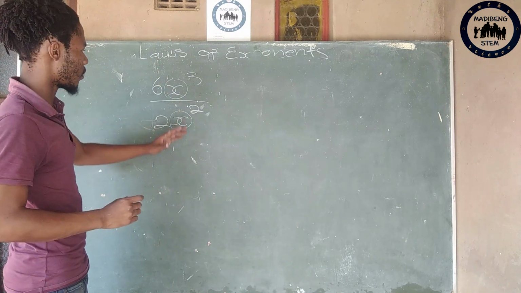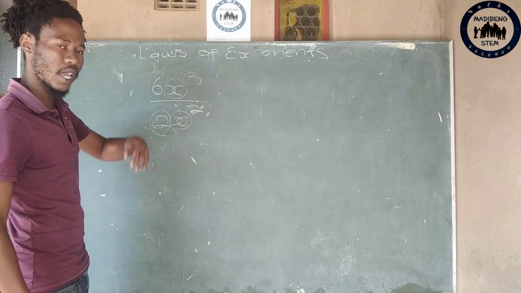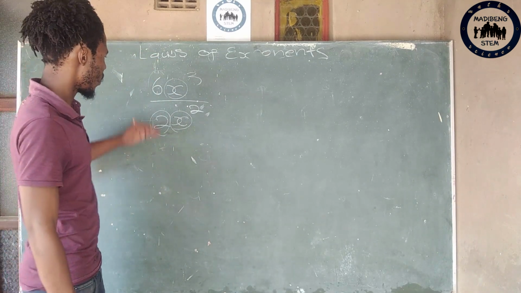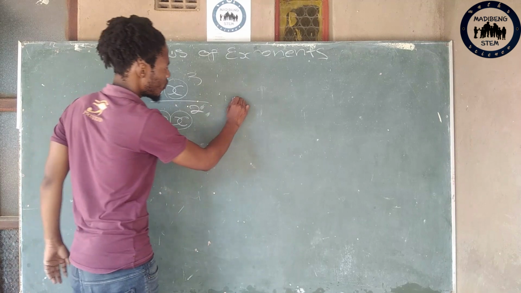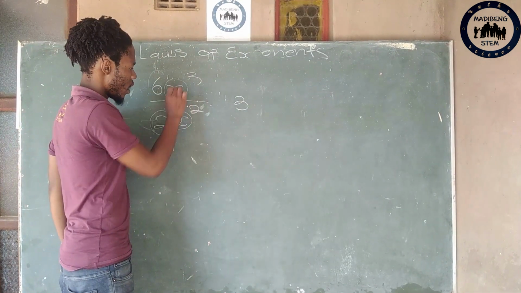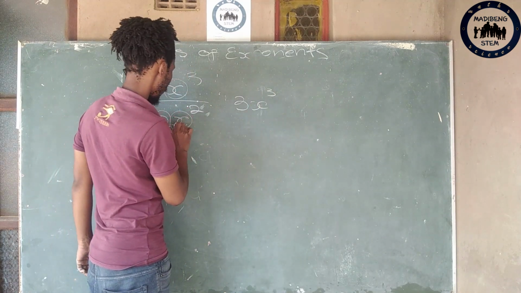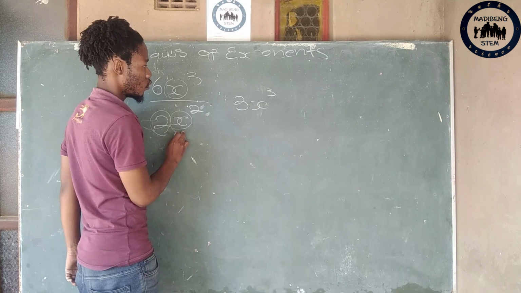Before you can even subtract your exponents, we have coefficients here. We have 6 over 2. Let's start with the coefficients. What is 6 divided by 2? 6 divided by 2 is 3. Now let's focus on our variables. We have x to the power of 3 in the numerator, and x to the power of 2 underneath.